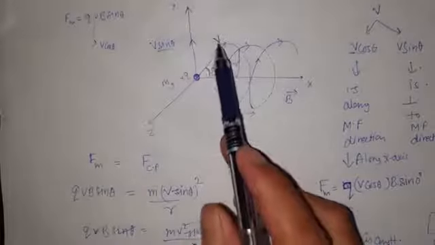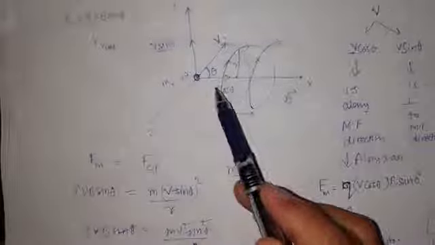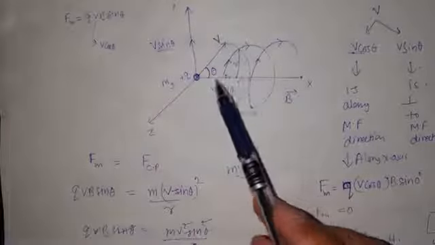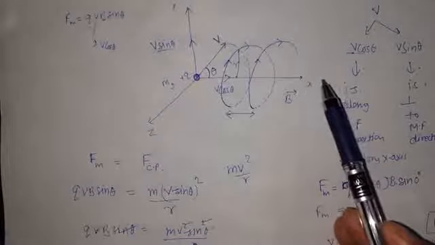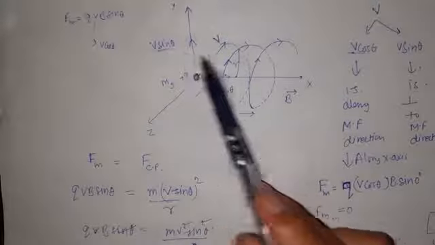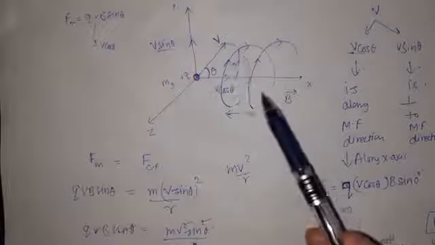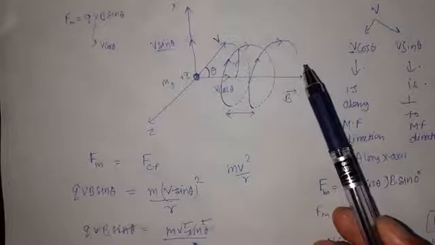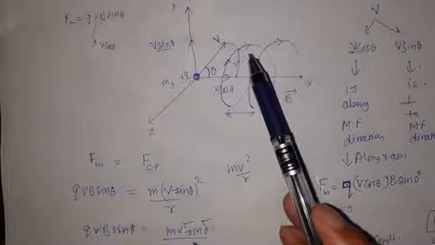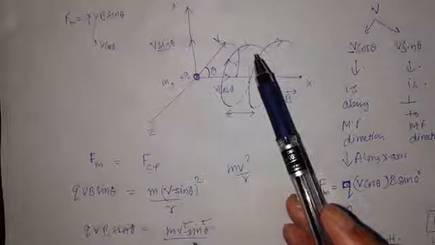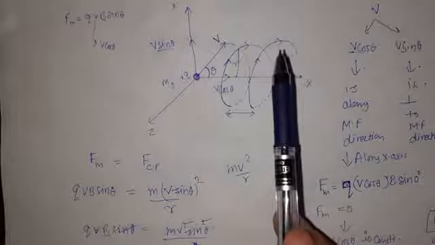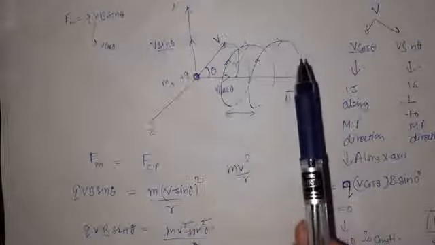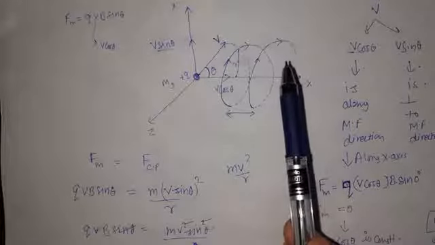Now if we look back again at the diagram, we will find that under the effect of these two components of the velocity, due to v cos theta it is moving along a horizontal direction, and due to v sin theta it is moving in these circular paths. Therefore the combined effect is that the particle has a helical path.